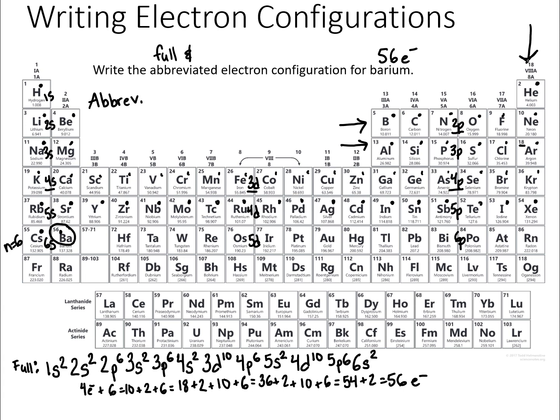Xenon. So if barium is in N equals 6, then you need the N equals 5 noble gas. And what do I have to put after that? Because that's not complete. We have to fill in everything between xenon and barium.